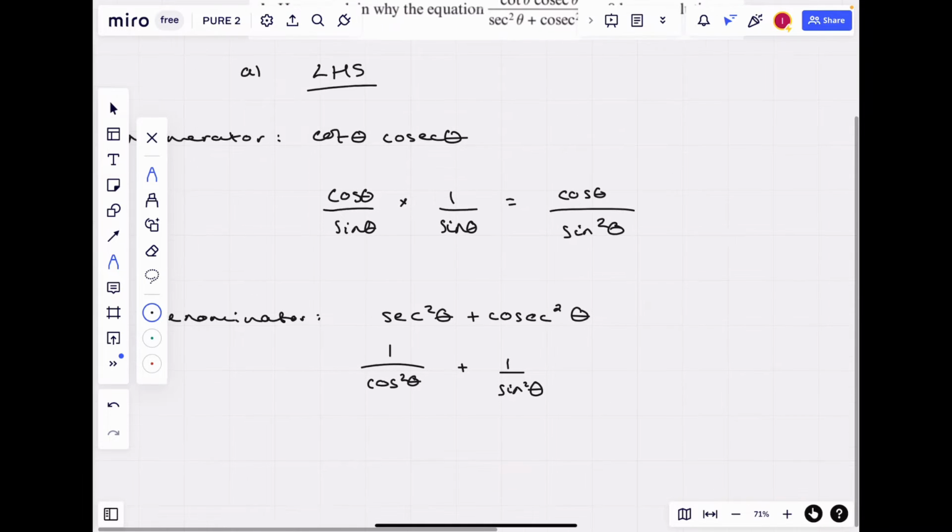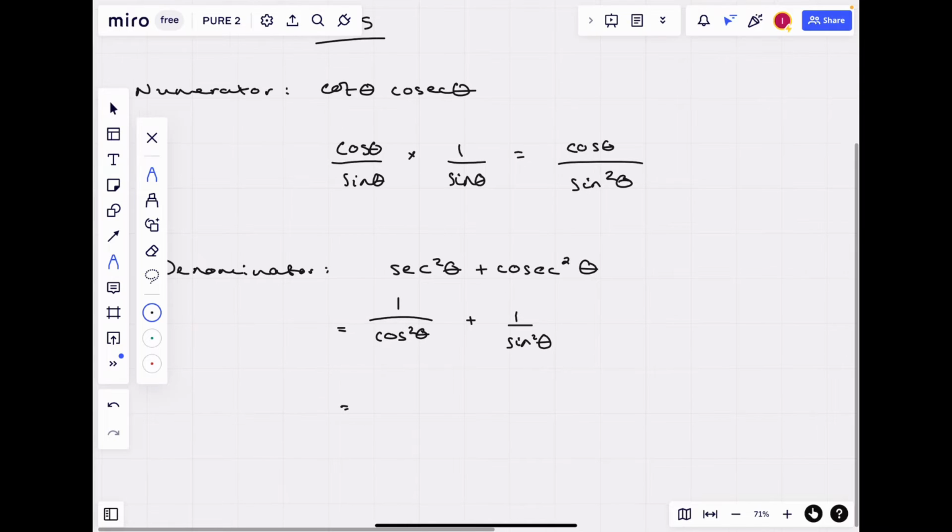If we try and put that into one large fraction, what would it look like? It would be sine squared plus cos squared all over sine squared cos squared.